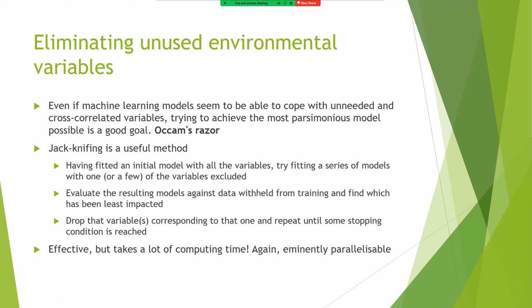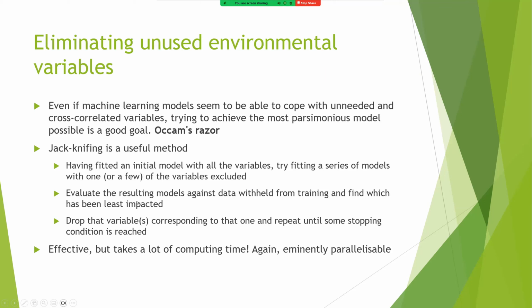Now, one way of doing that is a technique known as jackknifing. You fit an initial model with all the variables in, and then you try a series of models where you drop one or a few of the variables at a time. You go through this process of dropping each of the variables.